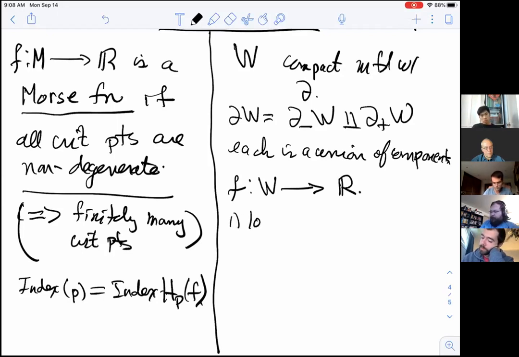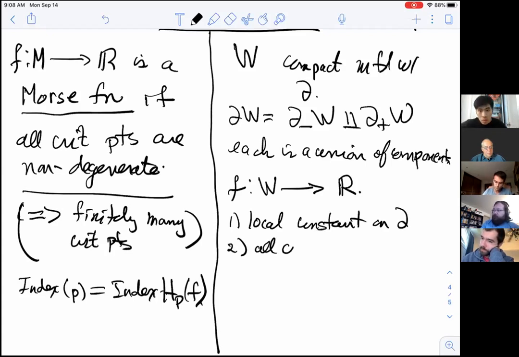It's locally constant on the boundary. All critical points are in the interior of W.